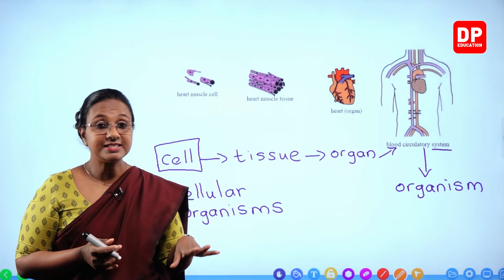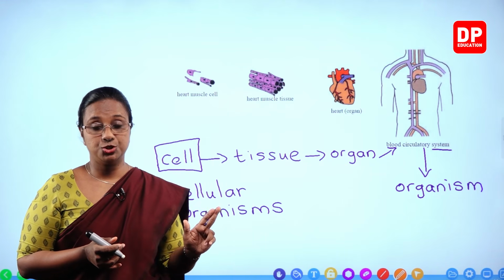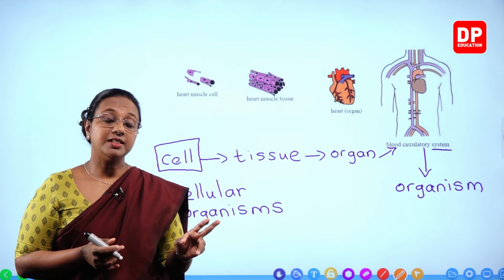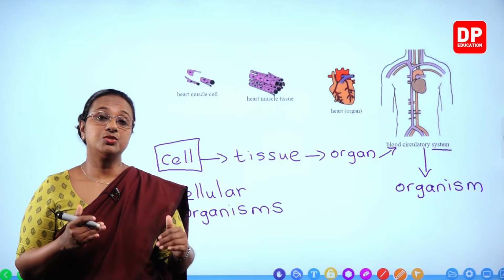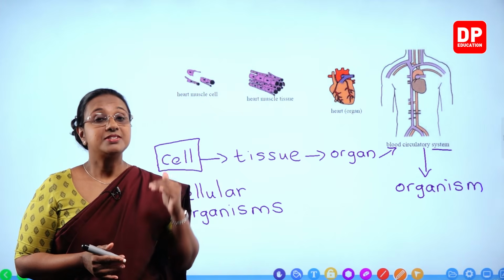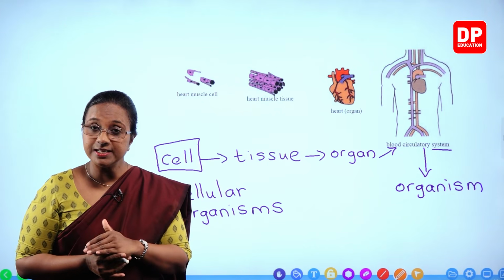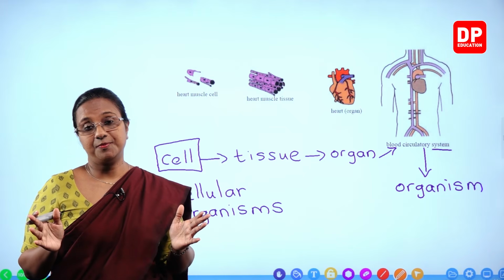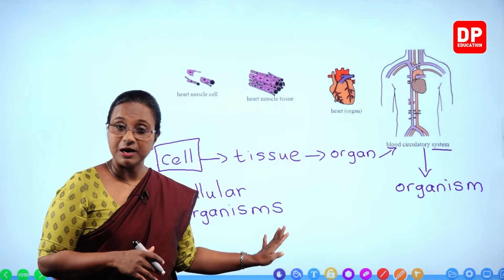And there are the three scientists, Schleiden, Schwann and Rudolf Virchow. The three of them together proposed the cell theory. And in the cell theory also, the first point is that the structural and functional unit of life or living organisms is the cell. So I'm sure you have a clear understanding about that.